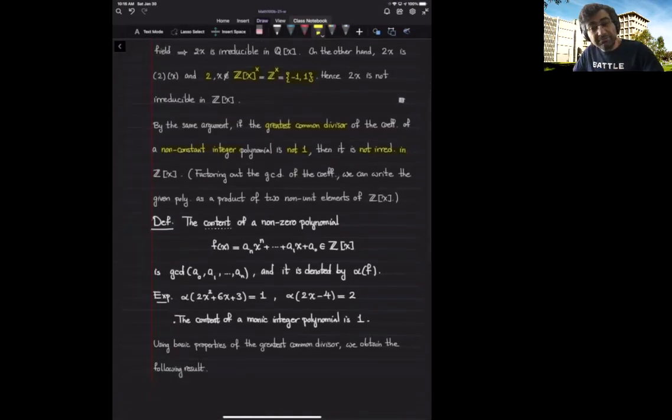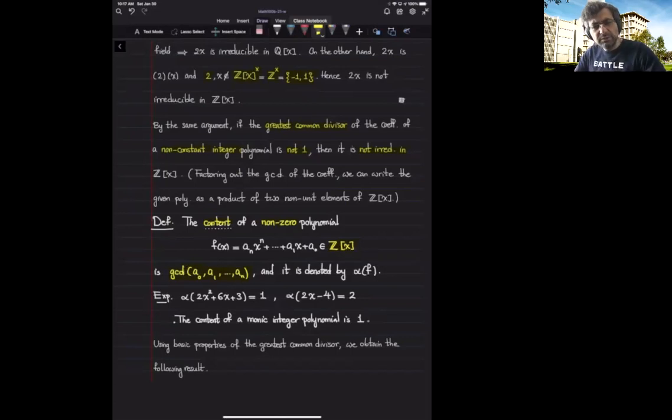So that brings us to the definition of the content of an integer polynomial. What is the content of a non-zero integer polynomial? The content of a non-zero integer polynomial is essentially the greatest common divisor of the coefficients of the polynomial. So the greatest common divisor of the coefficients of the polynomial f is called the content of f.